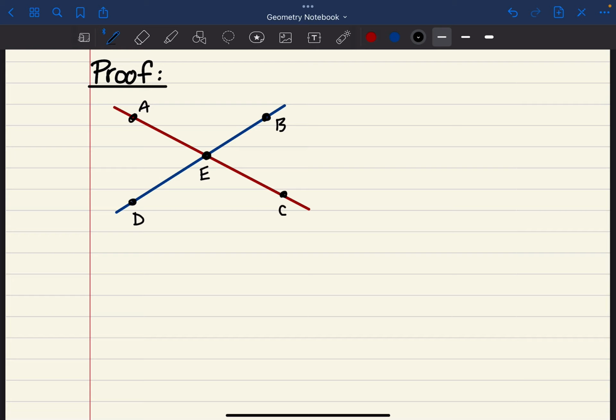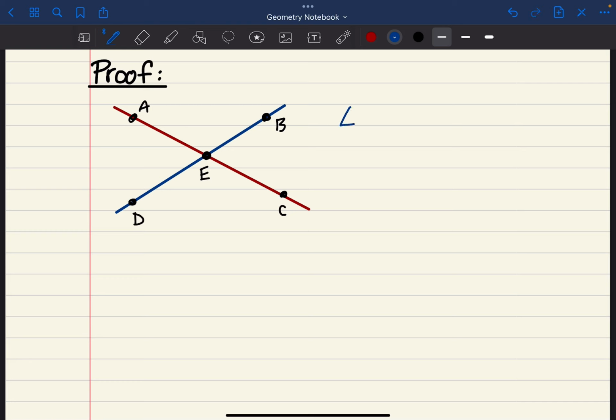So the first thing we know is that each line here makes 180 degrees. I will talk about my blue line first, so I should actually write all of this in blue. I'm going to talk about the two angles that make up the blue line.